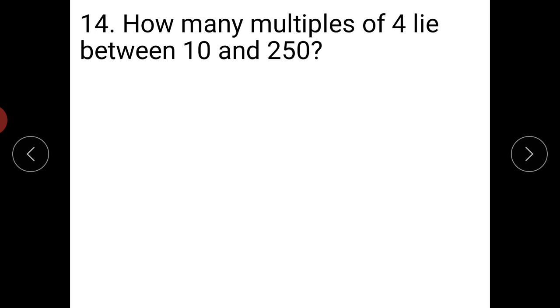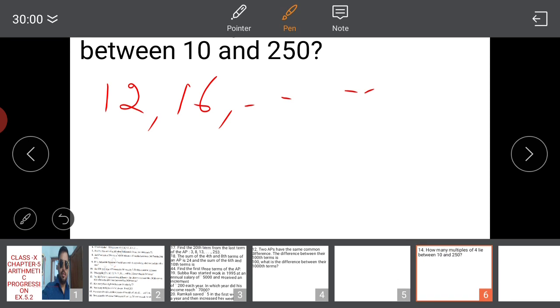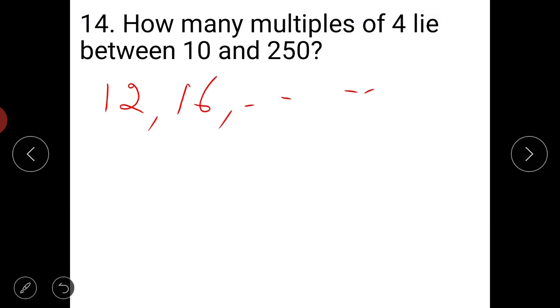Or we can say, easily, the numbers which come in the table of 4. After 10, the first multiple of 4 is 12. After that comes 16, and so on, and we try for the number nearest to 250. So divide it by 4.